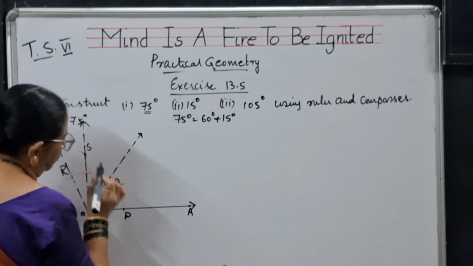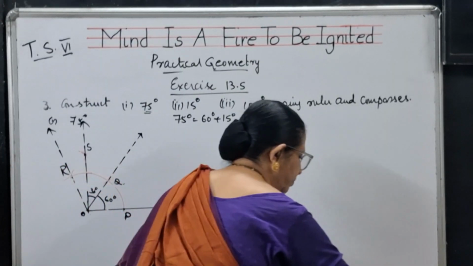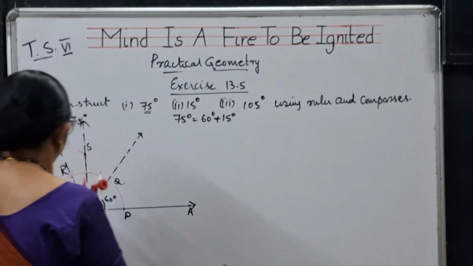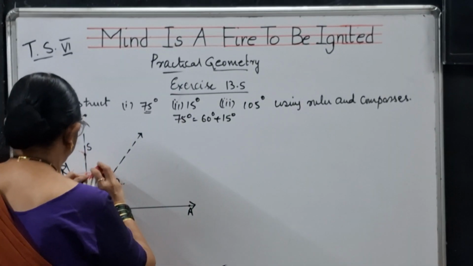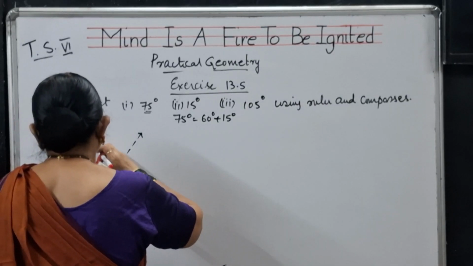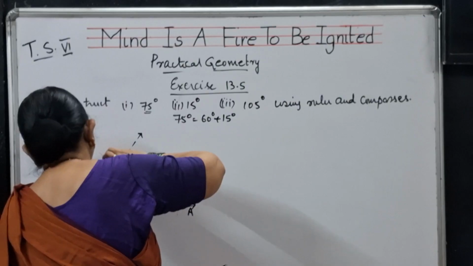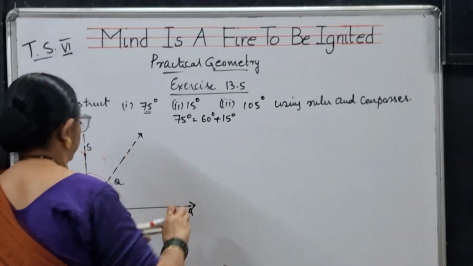So this 30, if I bisect, I'll get 15 degrees. So let me bisect this. With this as center, more than half of this as radius, one arc here and another arc here.